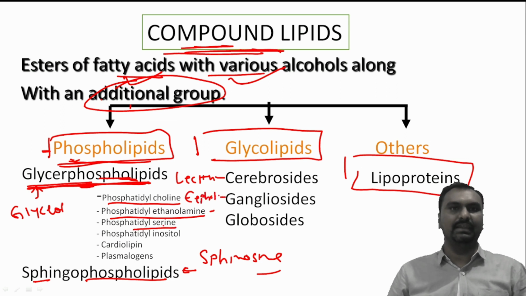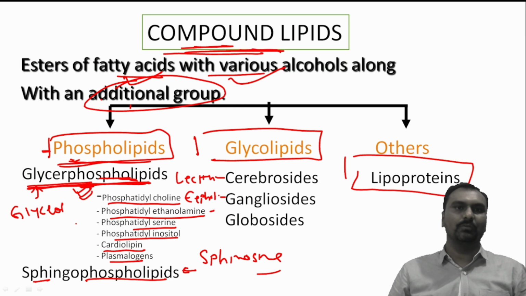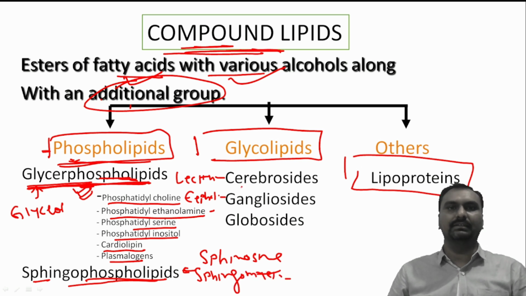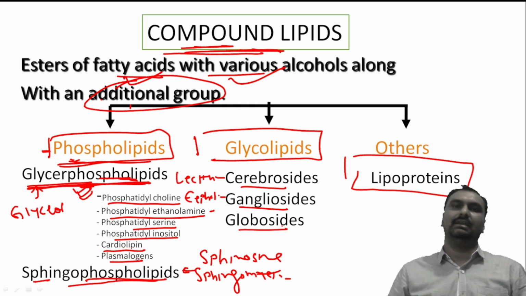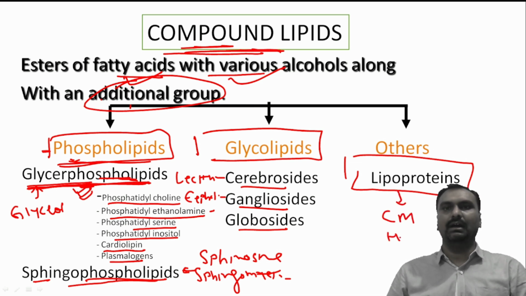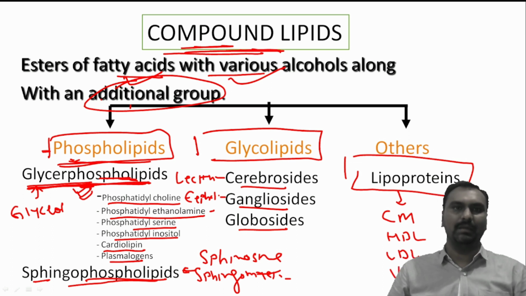Then phosphatidylserine, phosphatidylinositol, cardiolipin, and plasmalogen. These are the examples of glycerophospholipid. In sphingophospholipid, there is only one example, that is sphingomyelin. In glycolipid, there are cerebroside, globoside, and ganglioside. In case of lipoprotein, the examples are chylomicron, high density lipoprotein, low density lipoprotein, and very low density lipoprotein.